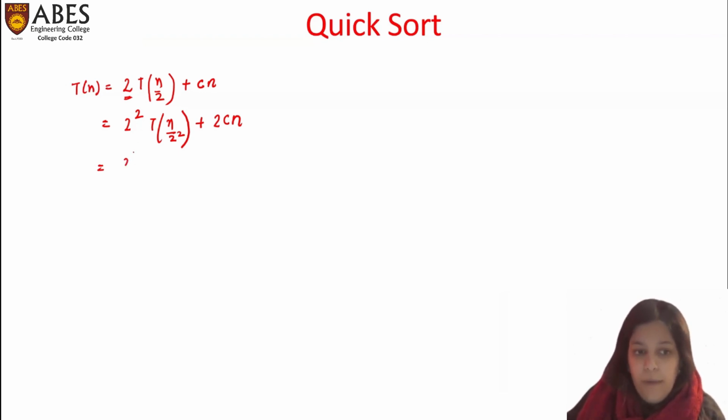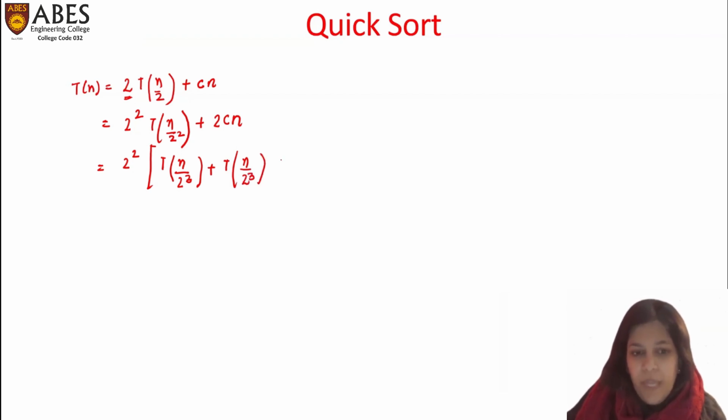This will become 2 square, let me elaborate it a little more, T of n by 8, that can be written as 2 cube T of n by 8.